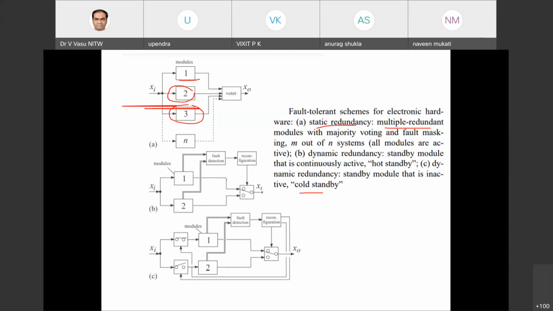Whereas in the standby module systems, we have two systems.